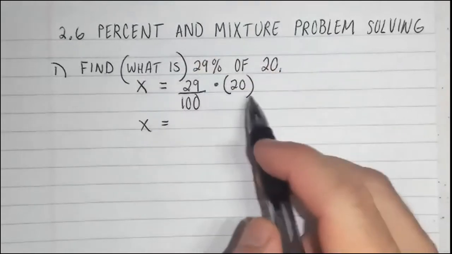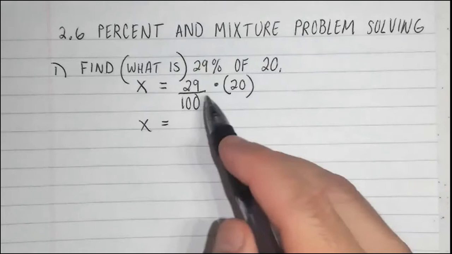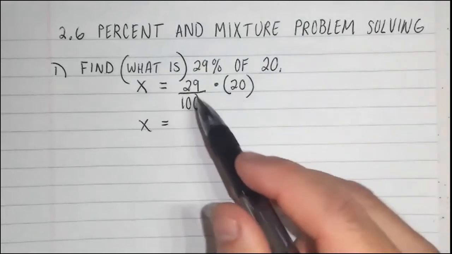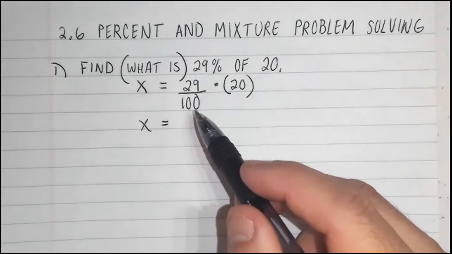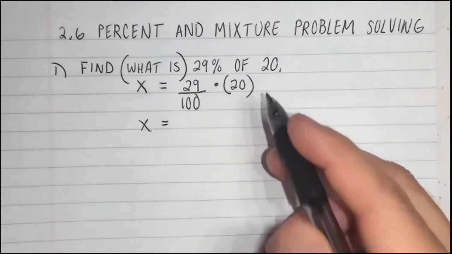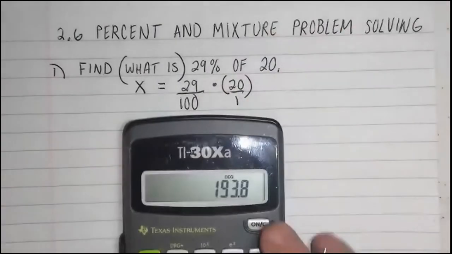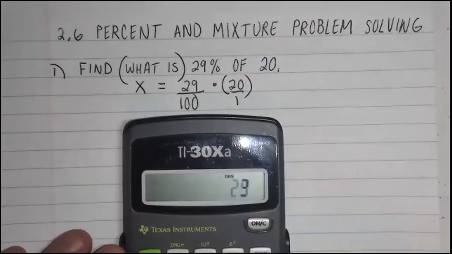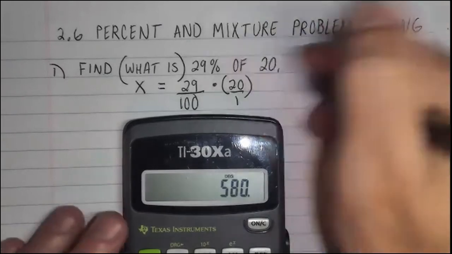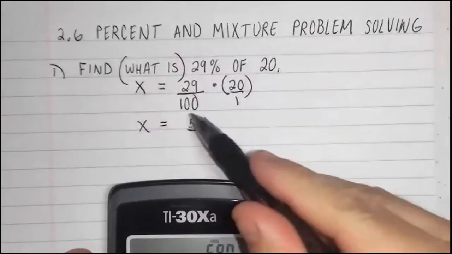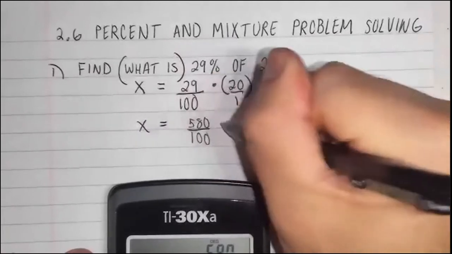But what I do have to do is solve this over here, and it's a fraction being multiplied by a whole number. There are a number of ways you can do this. You can do 29 divided by 100 and make that into a decimal, though you don't really have to. If you have a calculator, you could write the 20 over 1 and just do 29 times 20 and go straight across, and we get 580. 100 times 1 would be 100.